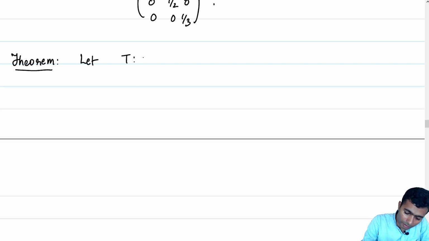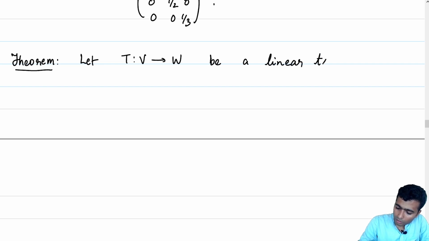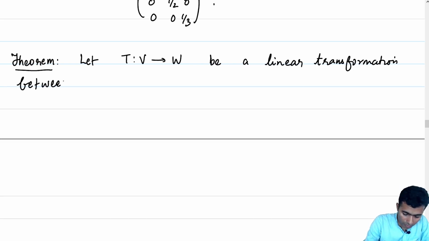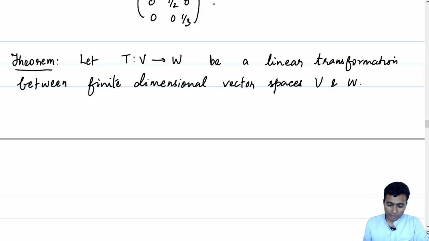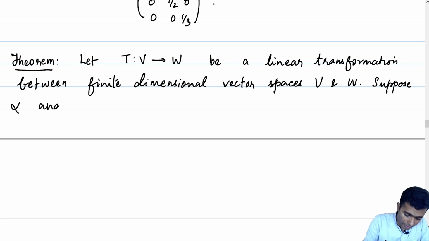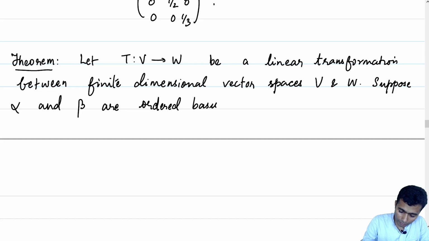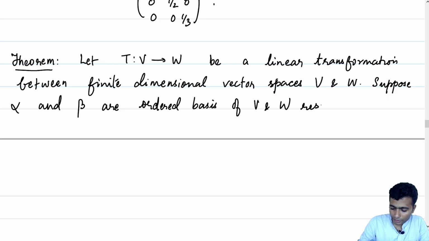So let T from V to W be a linear transformation between finite dimensional vector spaces V and W. Let's fix an ordered basis alpha and beta of V and W respectively.